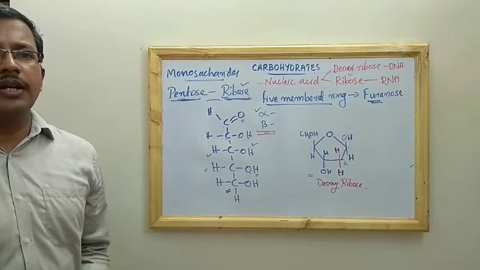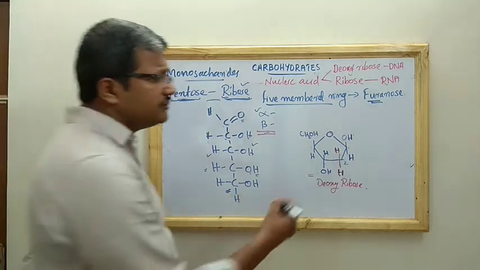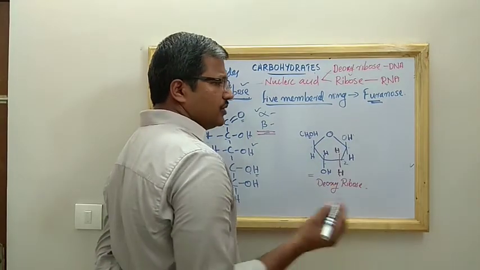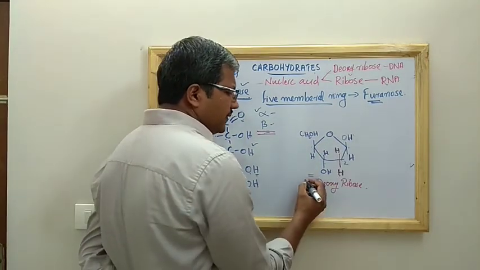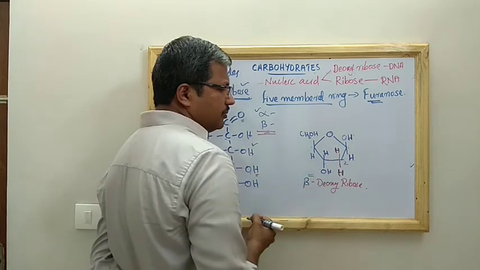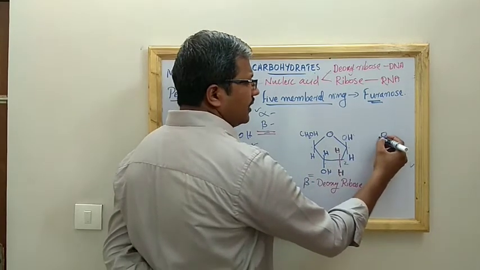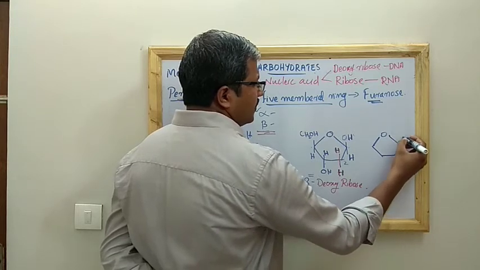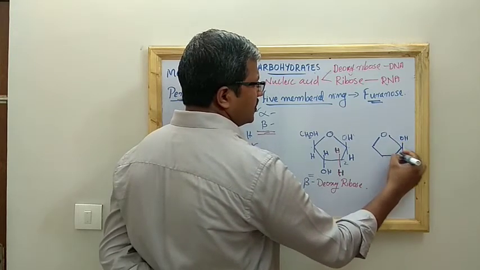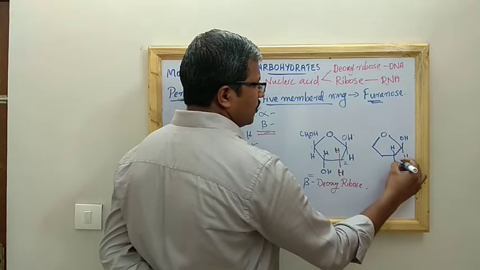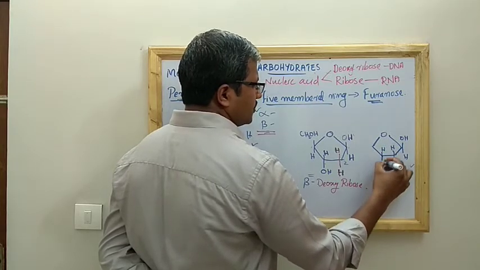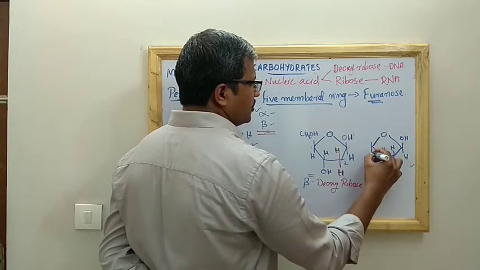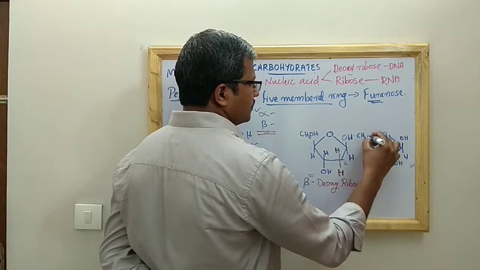Now let us see what is ribose. When this particular OH is retained there, it will be ribose. So this is beta deoxyribose, and we can draw the beta ribose in this way: OH, H, H, OH, H, OH, H, CH2OH.